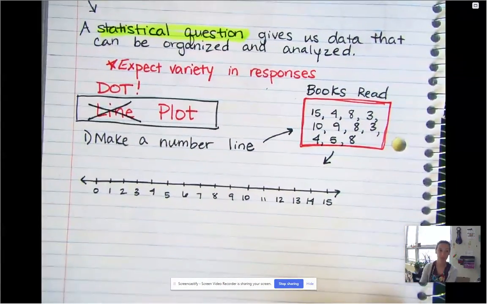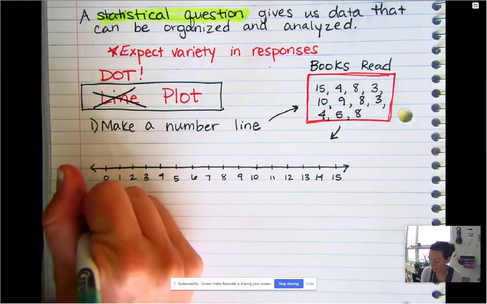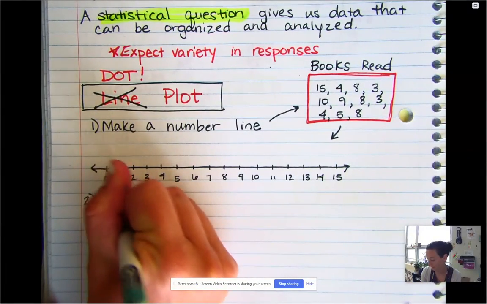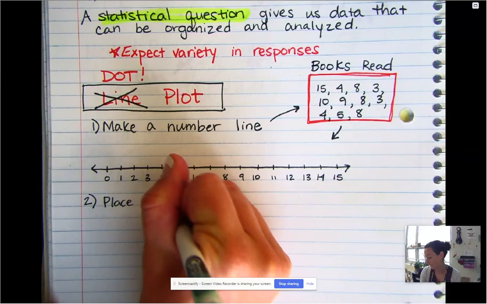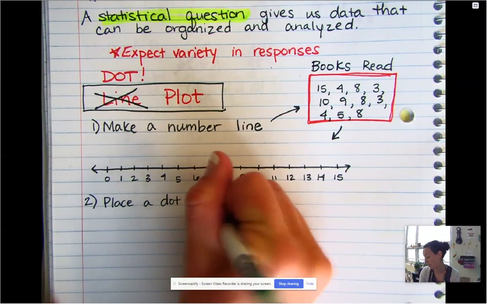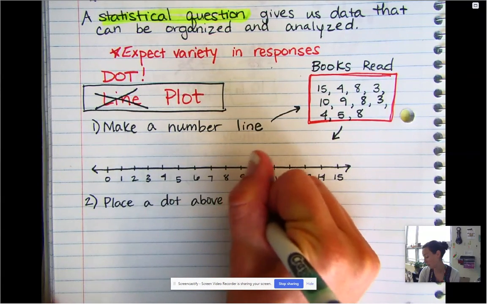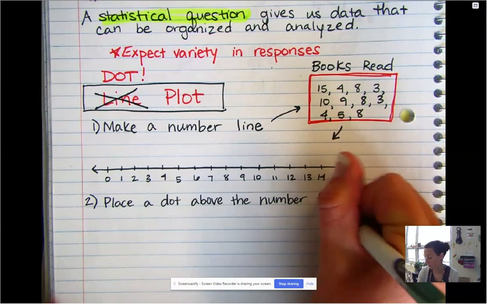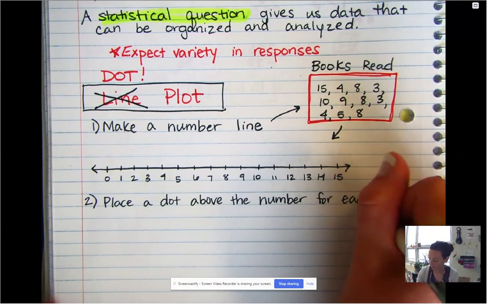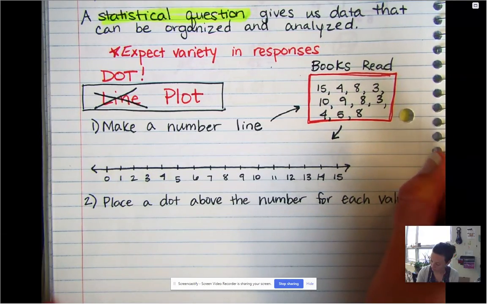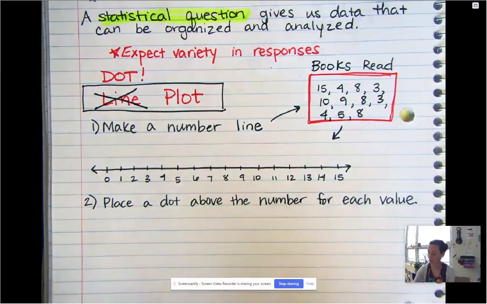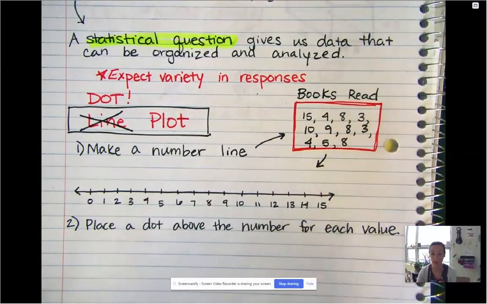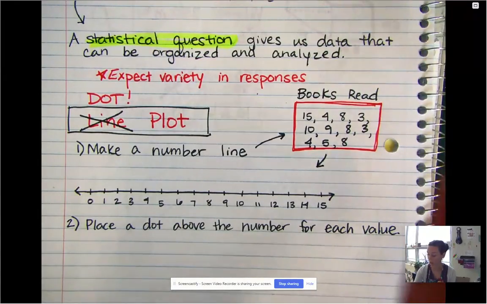Okay, now I place a dot above the number for each value. So here's what that means. I say, okay, 15, and I like to be really organized and check these off as I go.